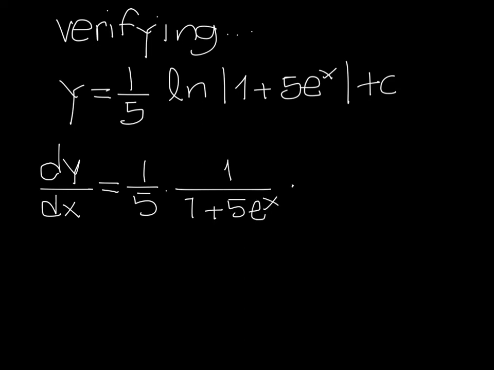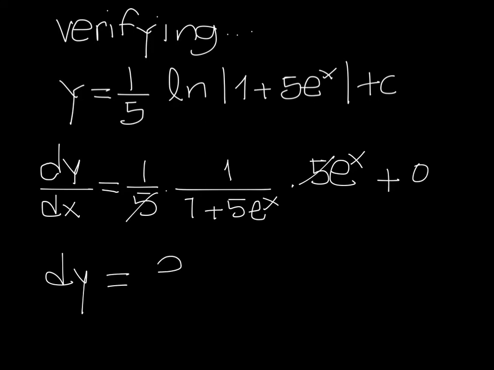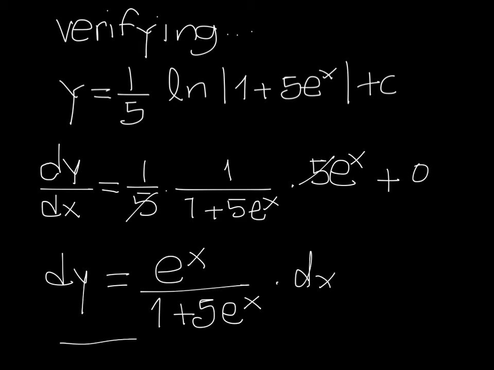So the derivative of 5e to the x is 5e to the x, and the derivative of a constant is 0. By simplifying this expression, we will have that dy equals e to the x over 1 plus 5e to the x times dx. And that is exactly the same expression that we have in the original integrand.